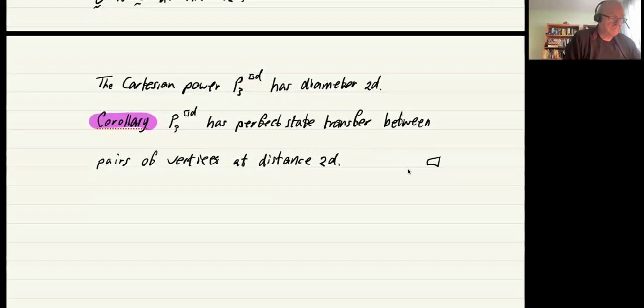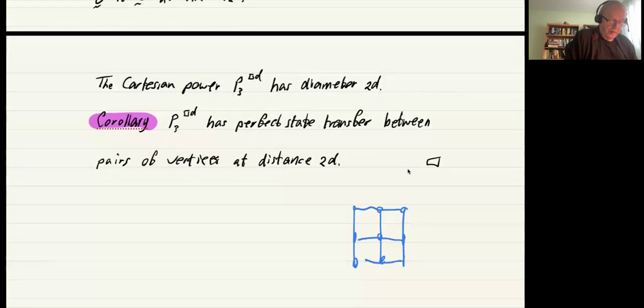So if we take P3 times P3, then we're getting perfect state transfer between this vertex and this vertex. And similarly, we get perfect state transfer between that vertex and that vertex. So those two vertices I just indicated are at distance 4. Okay, so now we have 2 infinite families, using the Cartesian product.